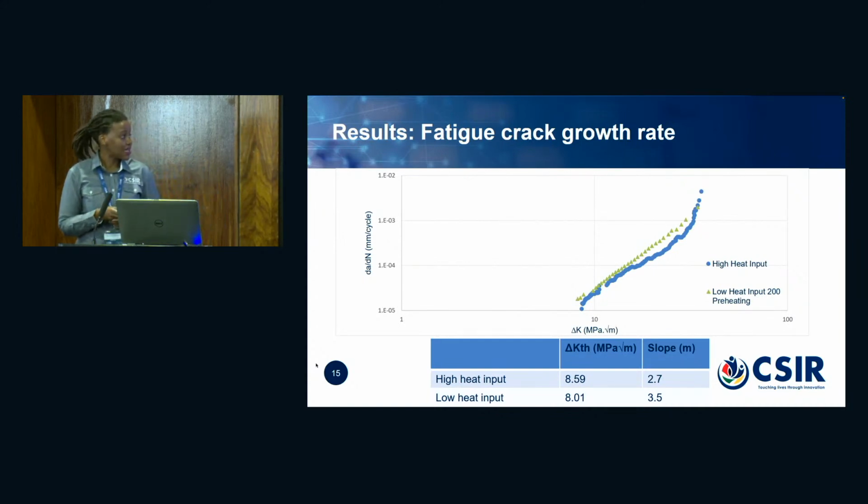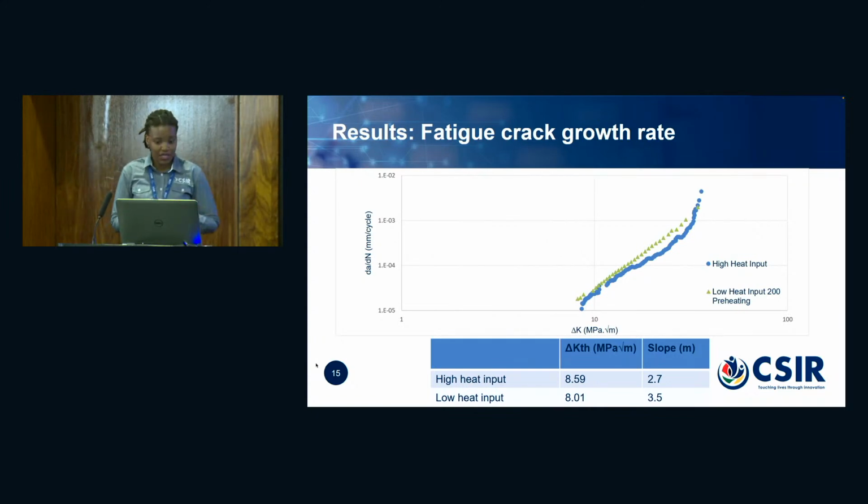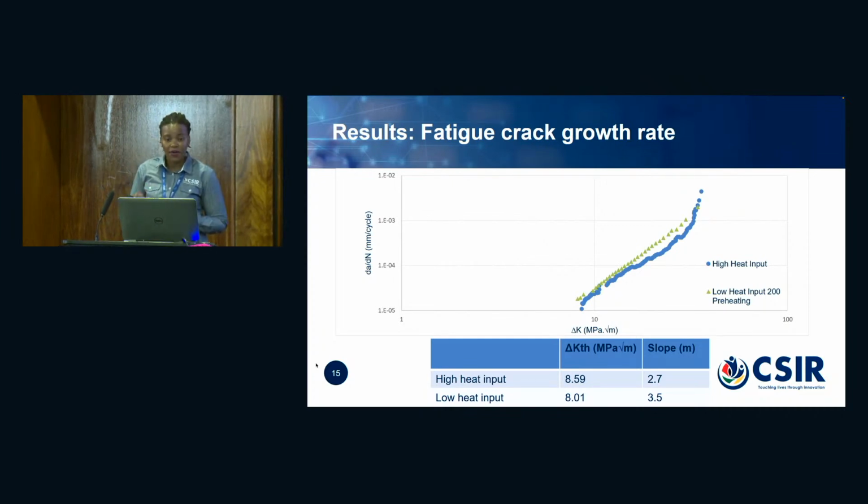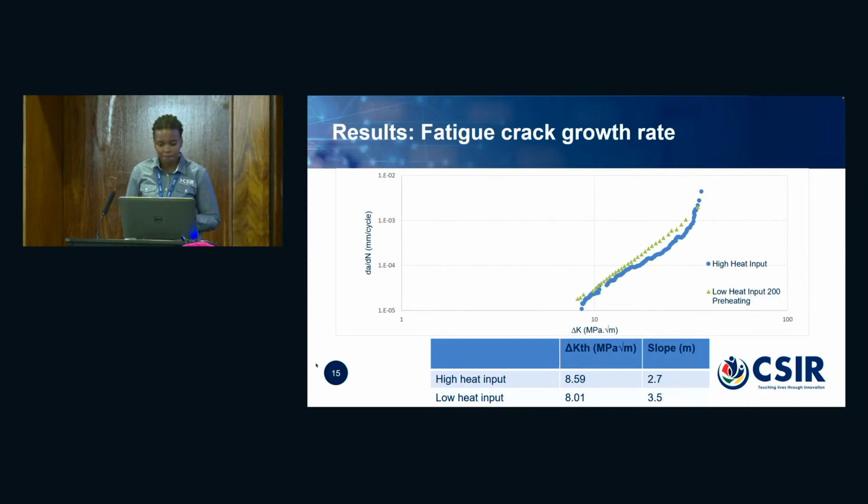We see that the delta K threshold is quite similar for both machines. What we do see, though, is that the slope for the high heat input has a lower m value, and so it's a shallower slope, meaning that this material from the high heat input machine has better crack propagation resistance.